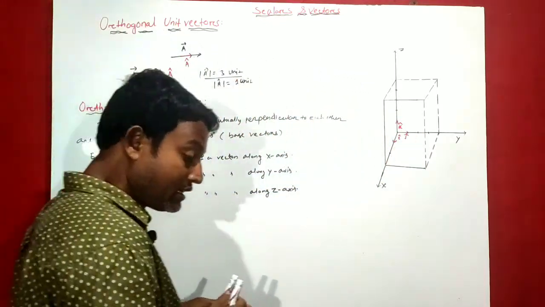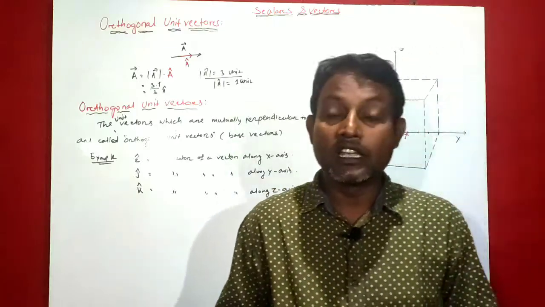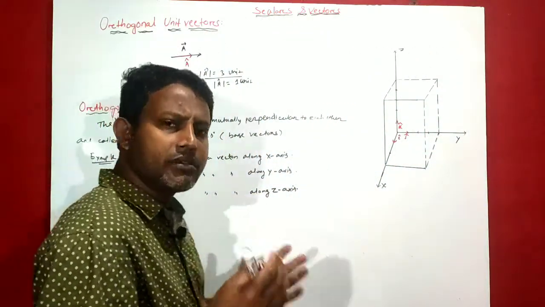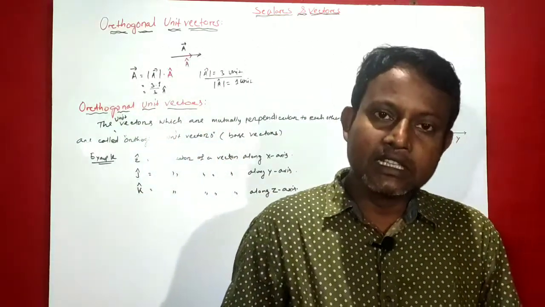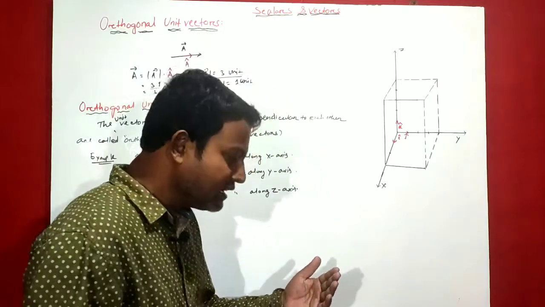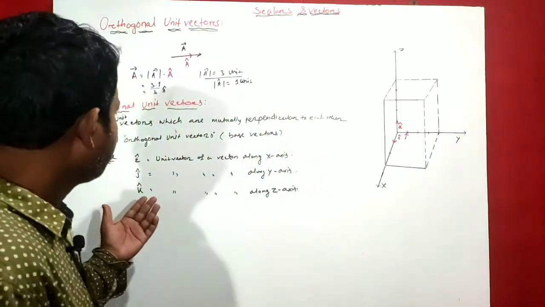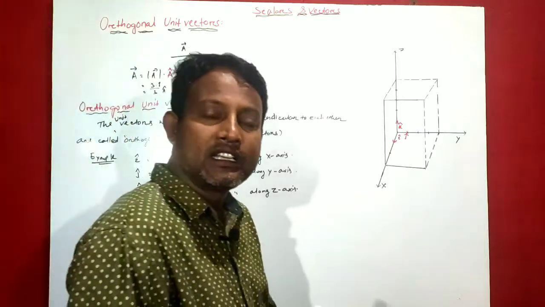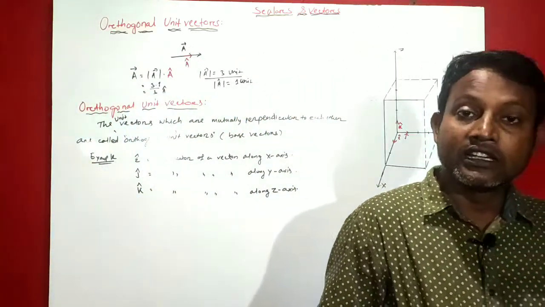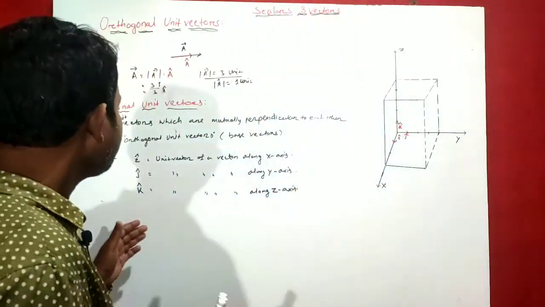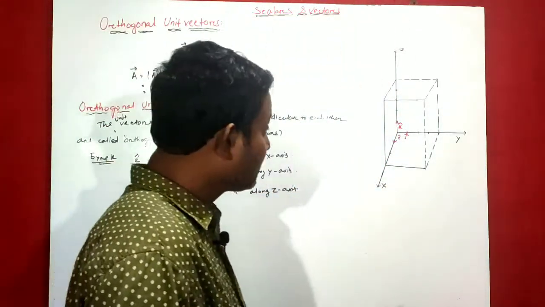Guys, now we see how we represent any vector in the universe by means of I cap, j cap and k cap. Let's see.